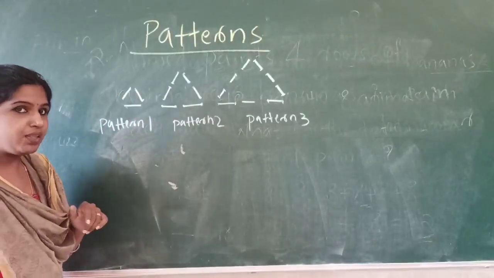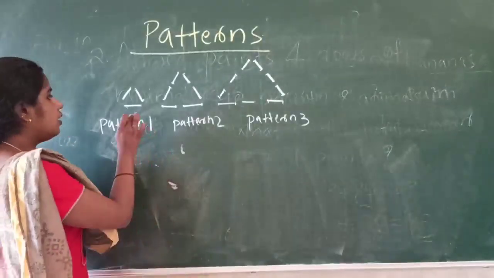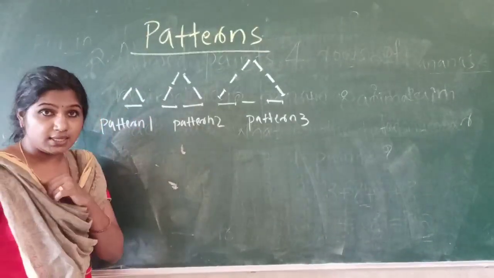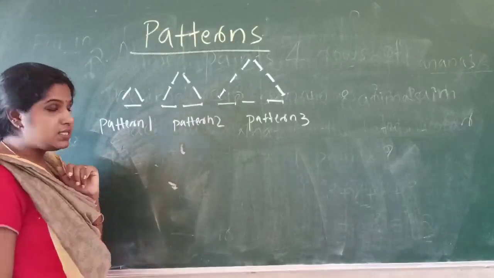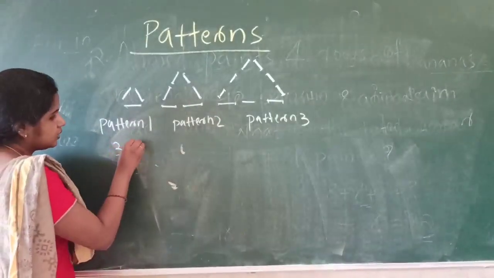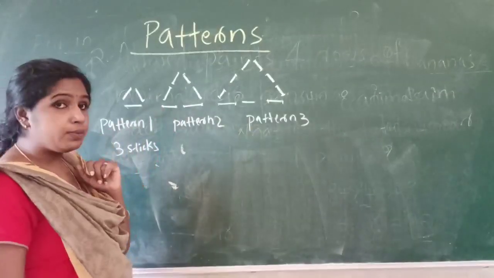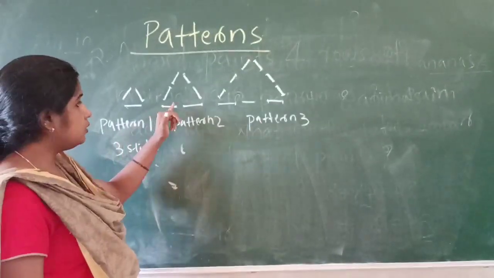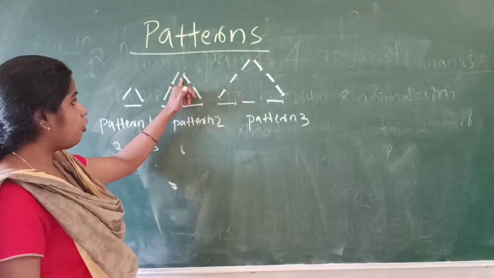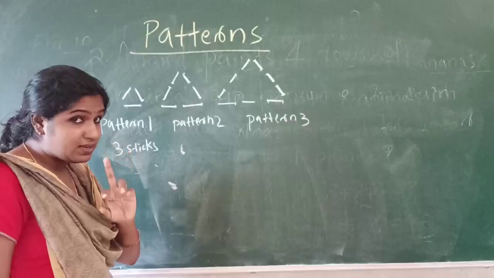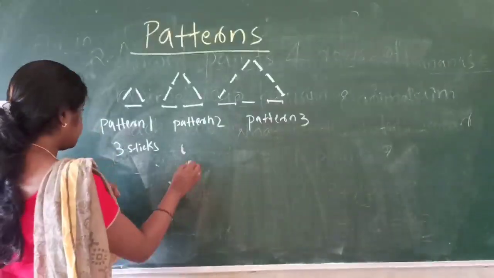Let's count. 1, 2, 3. There are 3 sticks in pattern 1. Then, can you say how many sticks are here? 1, 2, 3, 4, 5, 6. There are 6 sticks in pattern 2.